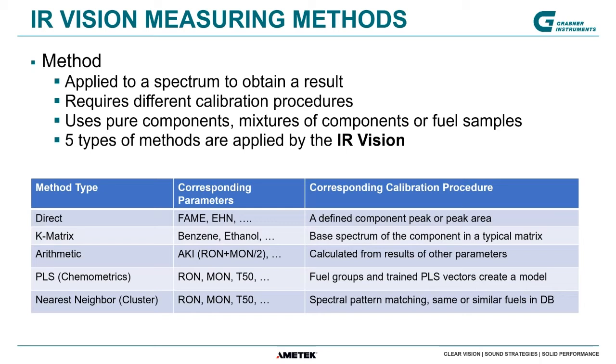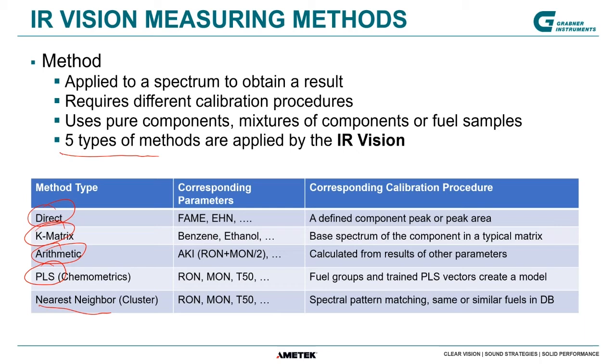Now we have the spectrum, but how can you now get to the corresponding parameters? To get to the parameters which I've mentioned before, the concentrations or octane ratings and so on, we apply 5 different types of methods in the IR vision. And we differentiate direct methods, K-matrix, arithmetic methods, then the chemometrics, partial least squares, or the cluster analysis or nearest neighbor search, which I would rather call this.